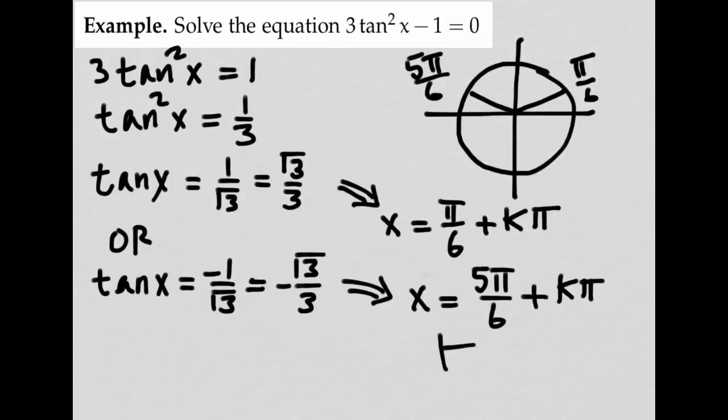Of course, k is an integer. So the general solution to the equation 3 tangent squared x minus 1 equals 0 is x equals pi over 6 plus integer multiples of pi, or x equals 5 pi over 6 plus the integer multiples of pi.